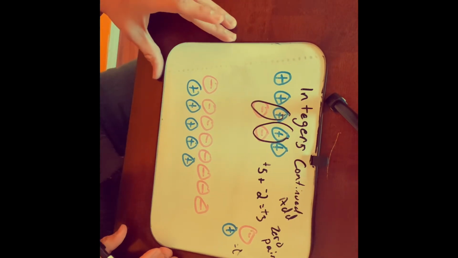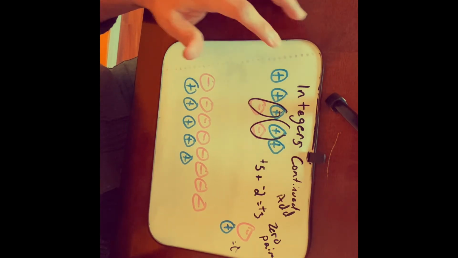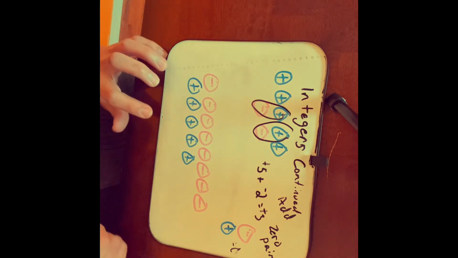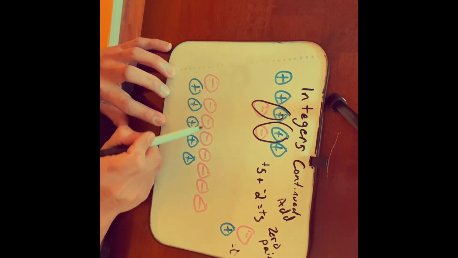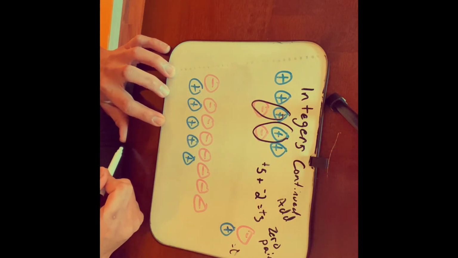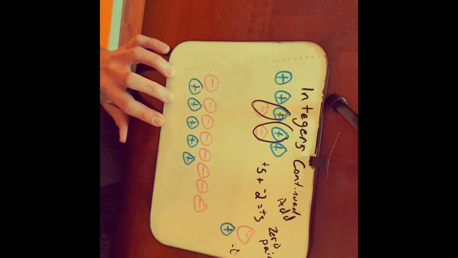Now what's the opposite of that? Well, in this case, the +5 was more than the -2. So let's take a look at the opposite of that. In this case, we have 1, 2, 3, 4, 5, 6, 7, 8 negatives, and 1, 2, 3, 4, 5 positives.